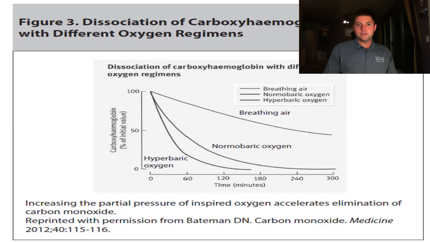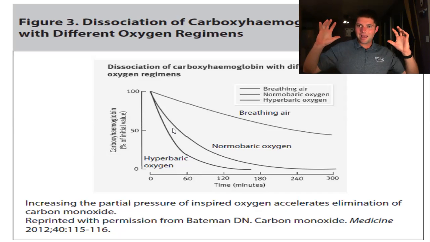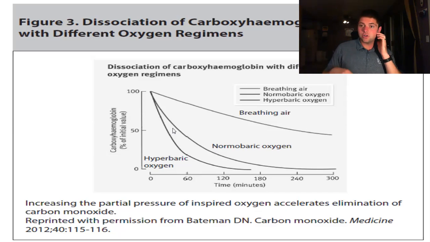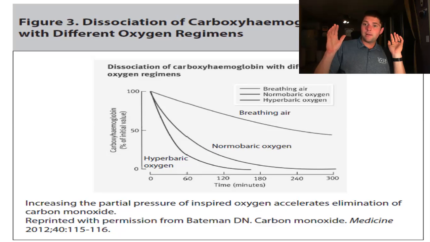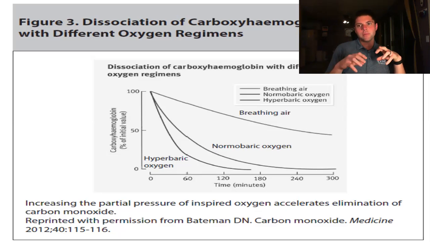There's another treatment option, and this is called a hyperbaric chamber. A hyperbaric chamber increases the atmospheric pressure around the patient. So you go into basically a glass tube, and then they seal it off. But instead of a vacuum, they increase the pressure, they increase the barometric pressure. And as they do that, they can force that carbon monoxide off of your blood, and they can force oxygen onto it.